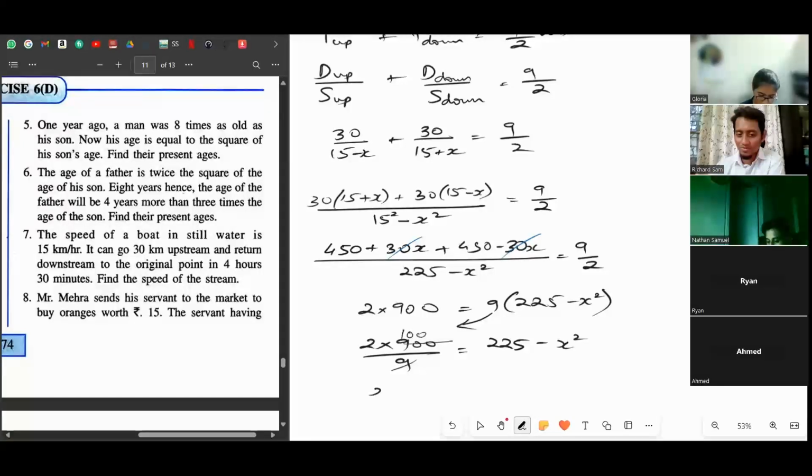So x square minus, there is no x term, only x square and a number. Okay, so taking the x square on the left, you'll have x square is equal to 225, and this 200 if you take on the right, it's minus 200.